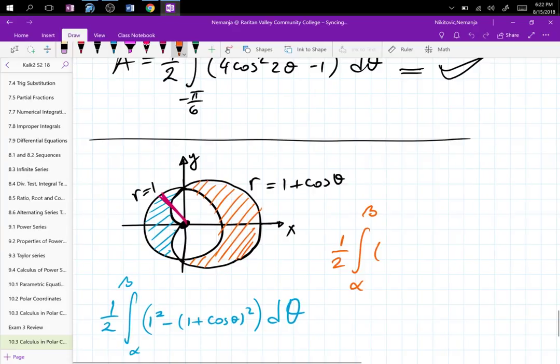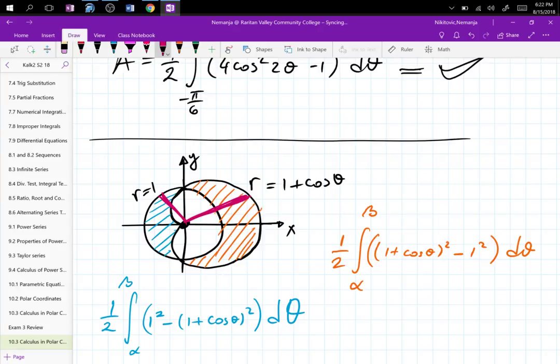So it's going to be 1 plus cosine theta squared minus 1 squared and everything d theta, because again, here is the representative rectangle going this way. You see that representative rectangle hits the circle first and cardioid second, so it's cardioid minus circle because far minus close. Far square minus close square. Bueno?